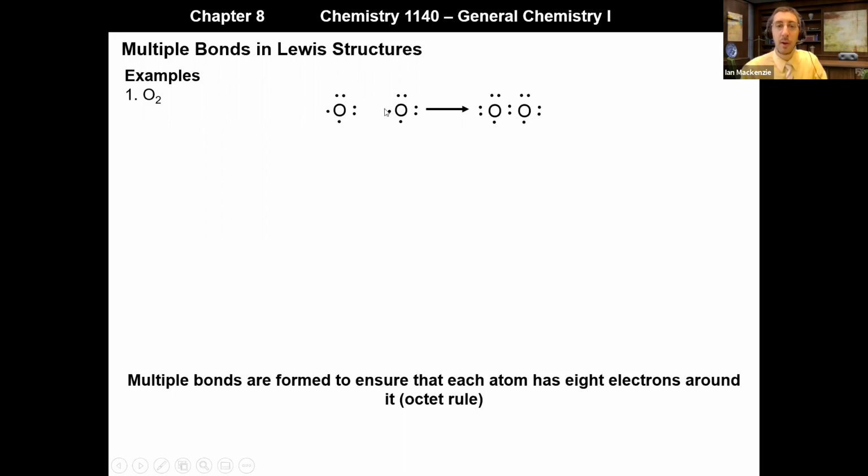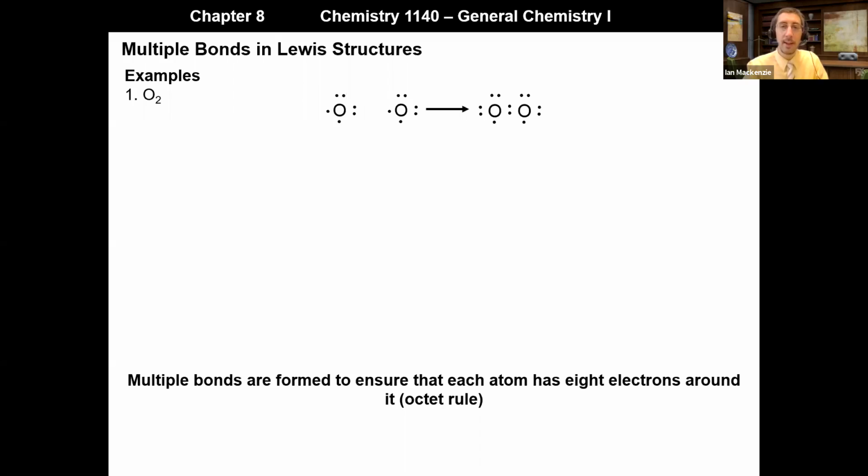If we simply pair up one of those sites, as we've done before, to form a shared pair of electrons to form a single bond, what we'll notice is that each element still only has 7 valence electrons around it rather than 8. So 2, 4, 5, and then 2 from the shared pair, that gets you to 7, and the same for this other oxygen. Neither element has followed the octet rule.